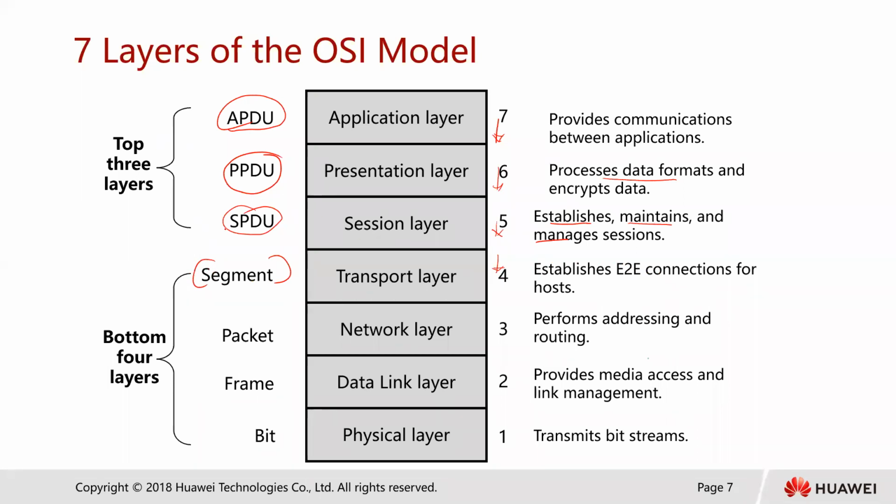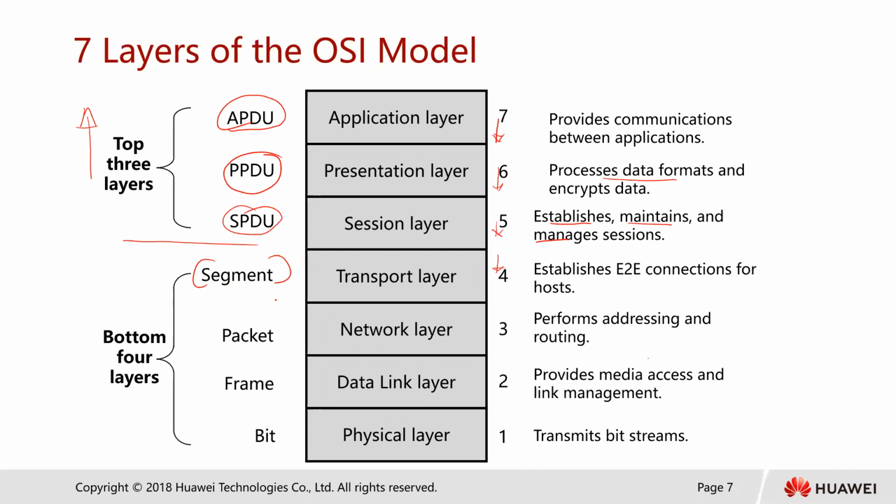The first three layers which I've talked about lie in the top three layers, and these other ones lie in the bottom four layers. So we have looked at the transport layer, and we said it helps us to establish end-to-end connection sessions for our hosts, and its data packet is usually called a segment.